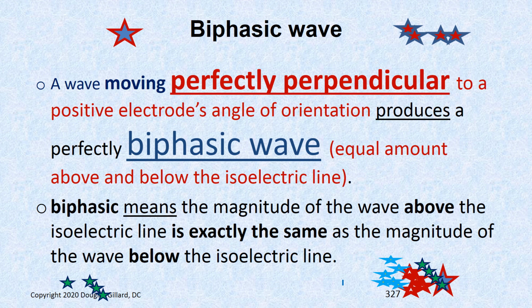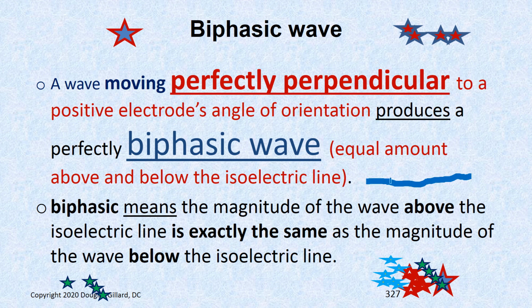What about a wave that's moving perfectly perpendicular? This is a very, very important concept. What about a wave moving perfectly perpendicular to an electrode? Well, that electrode, if it's perfectly perpendicular, it will draw a perfect biphasic wave. Biphasic, again, means there's equal amount of positive waveform and equal amount of negative waveform. It's perfectly symmetrical.